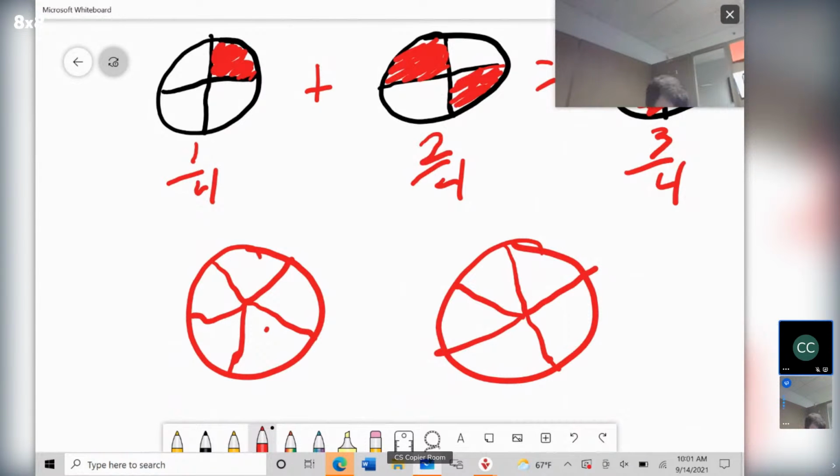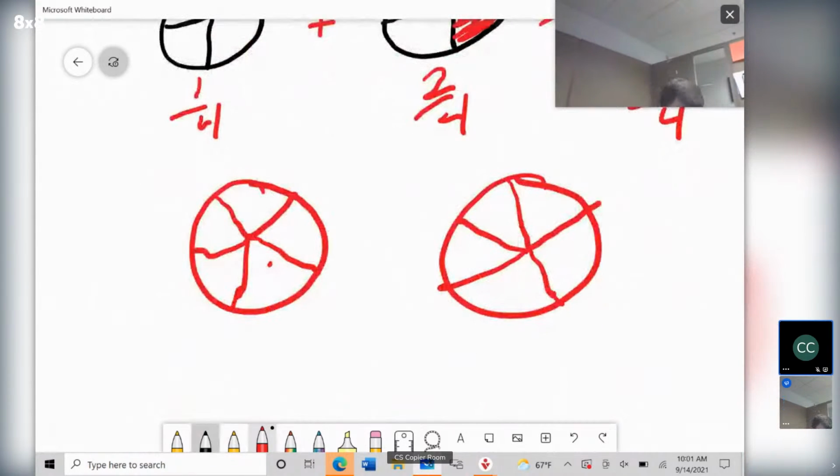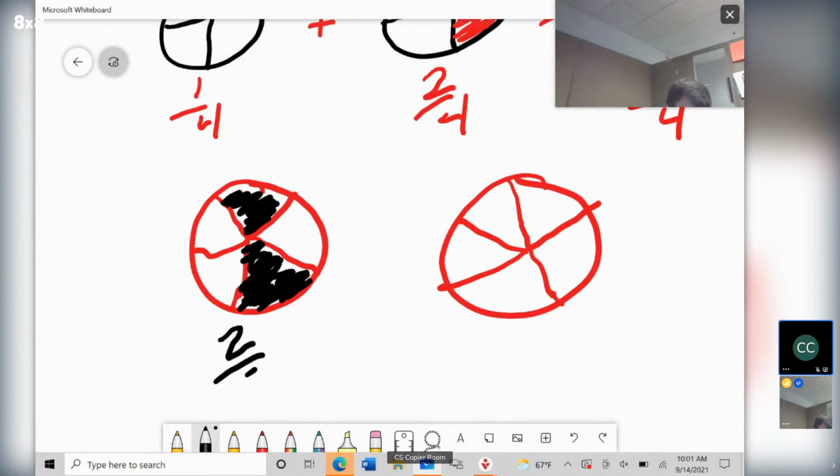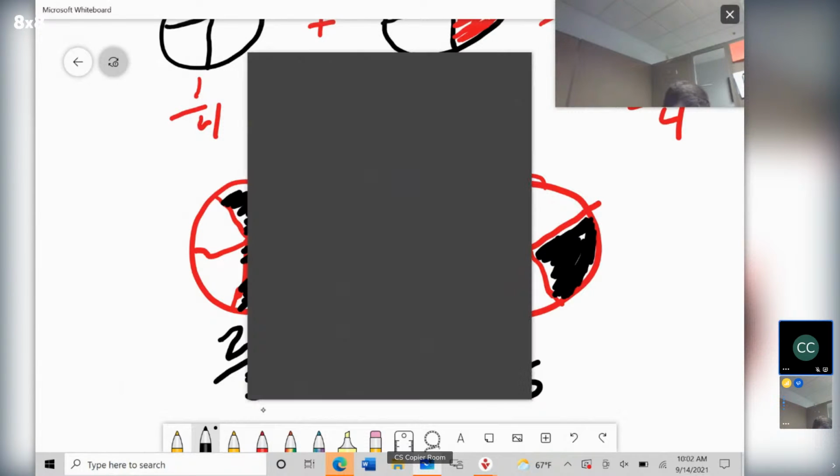So this is 2/5. And this one is 1/5. And the key is we're going to see that the denominators are the same.